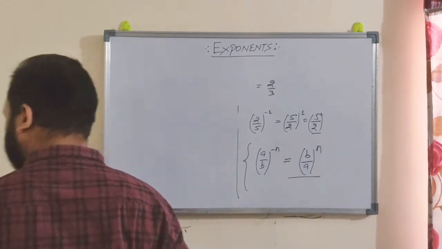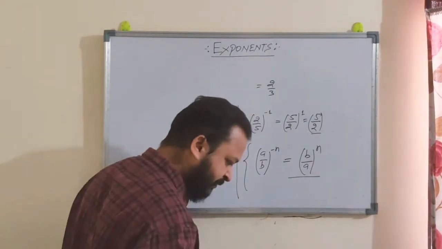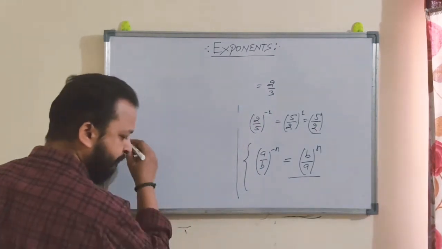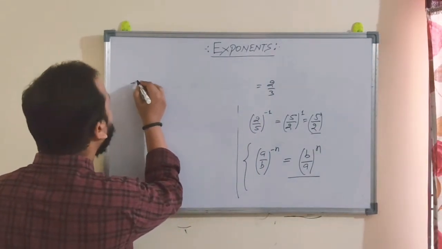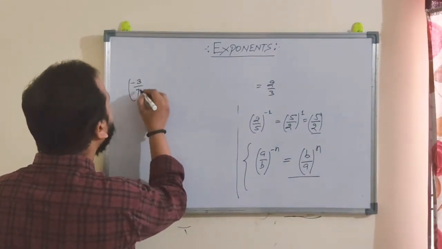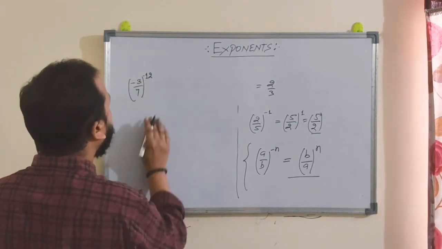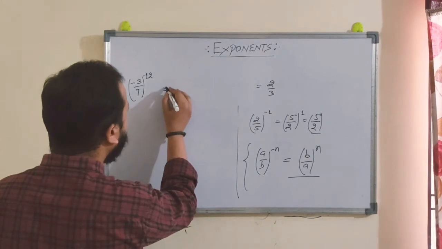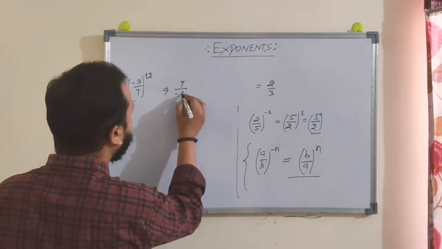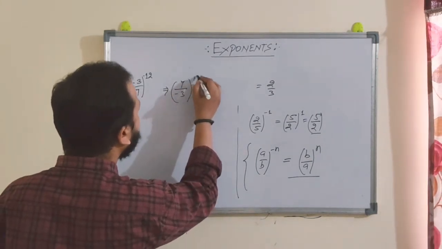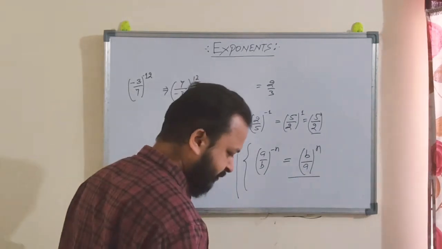Suppose a number is given: minus 3 by 7 raised to the power minus 12. So you can write it as 7 upon minus 3 raised to the power 12.